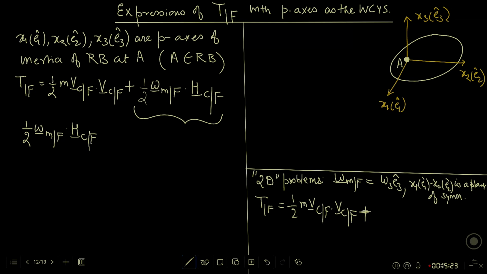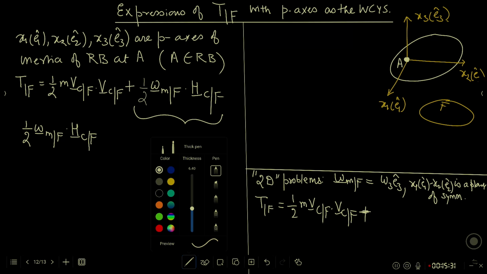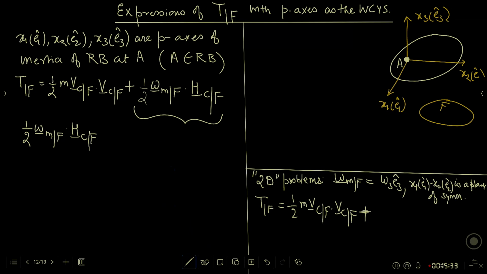The yellow coordinate system is my working coordinate system, and I am also aware of the fact that the three axes are the principal axes of inertia of RB at A. Then I want to see how this whole expression can be simplified.